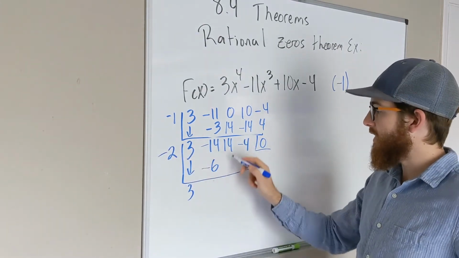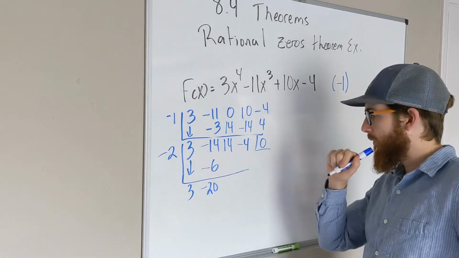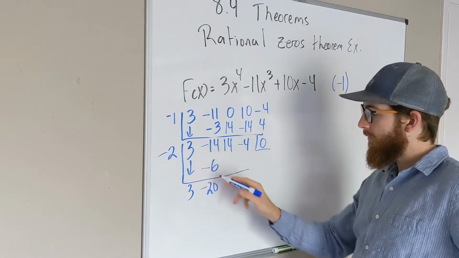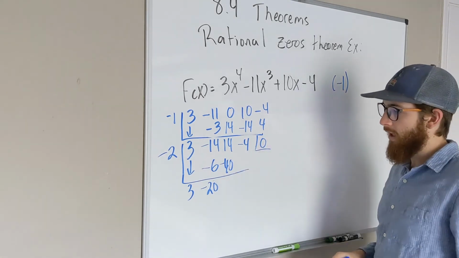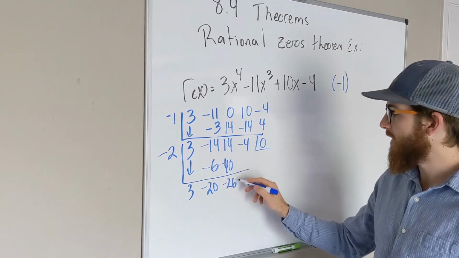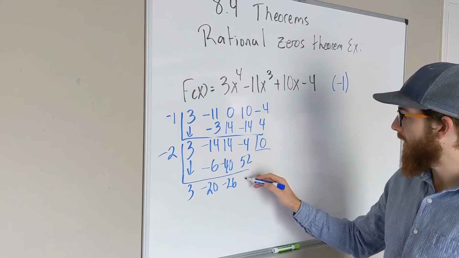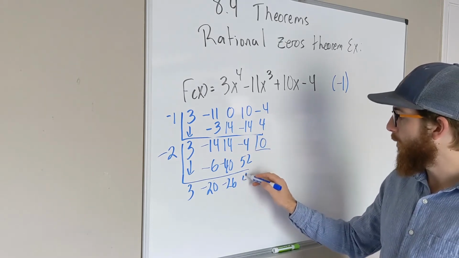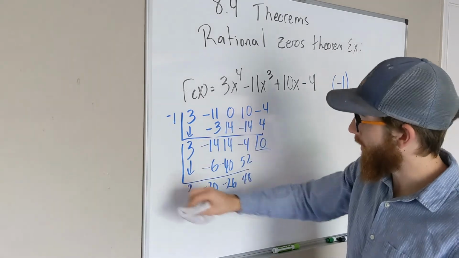So that'd be negative 6, which is negative 20. Negative 2 times negative 20 is negative 40. This is getting big really quick. Just to prove, negative 26 times 2 is 52, and then that would be 48. So negative 2 and 2 both do not work.